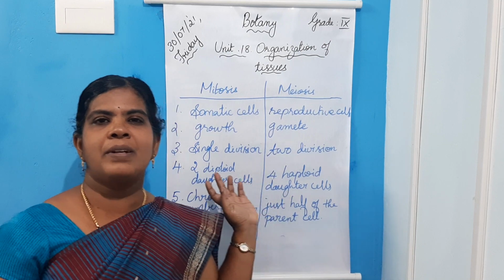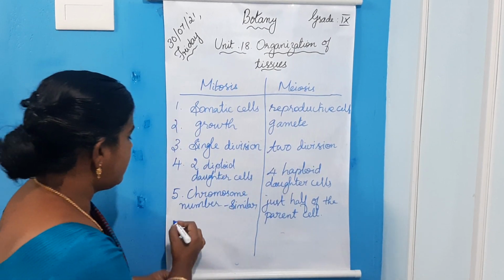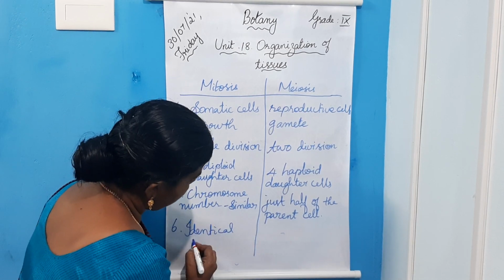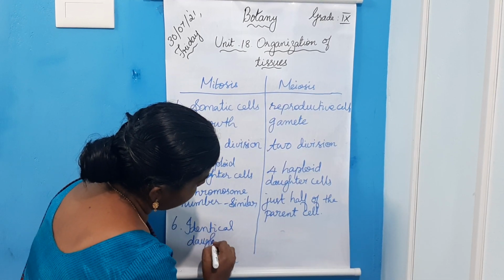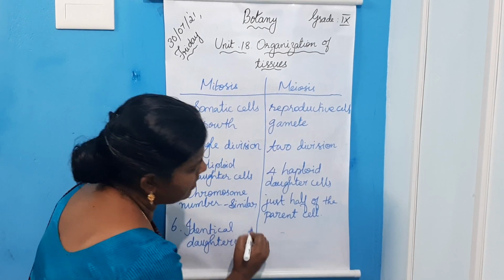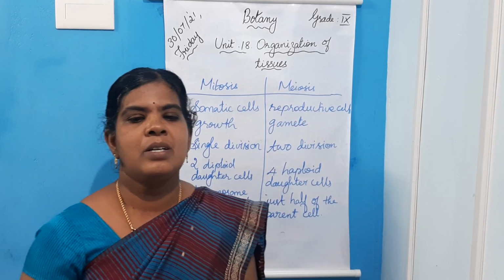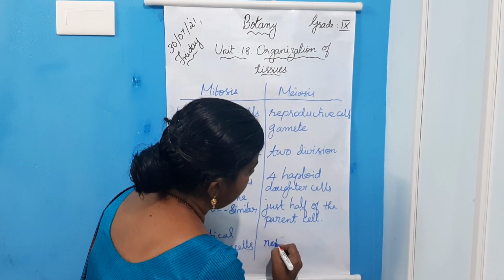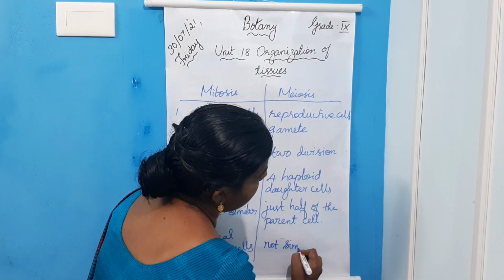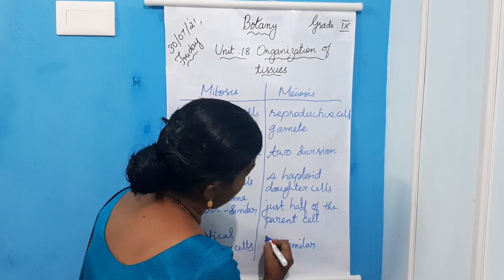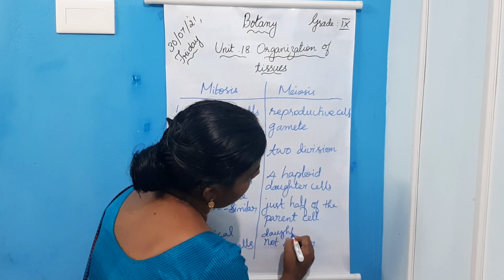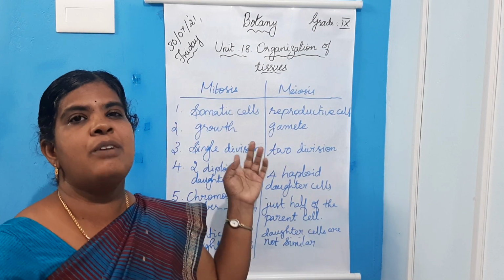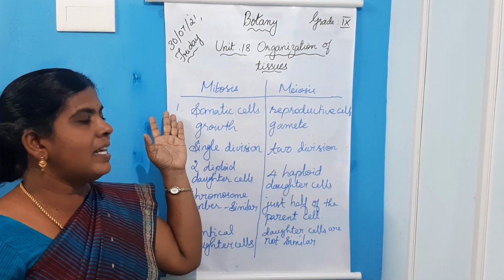Identical daughter cells are formed by mitosis cell division, but here the daughter cells are not similar. So these are the differences between mitosis and meiosis.